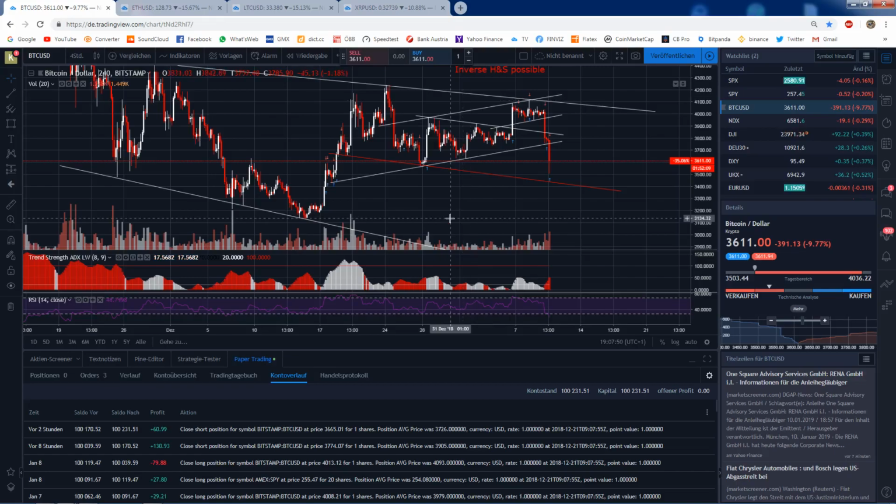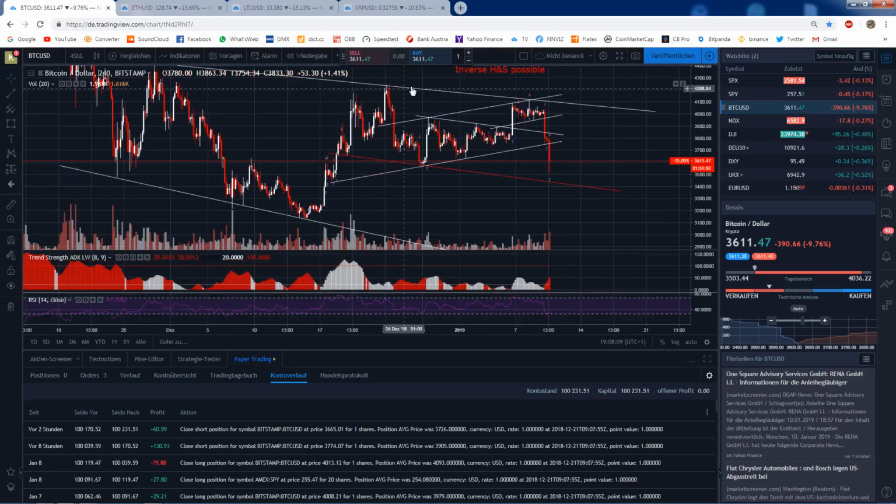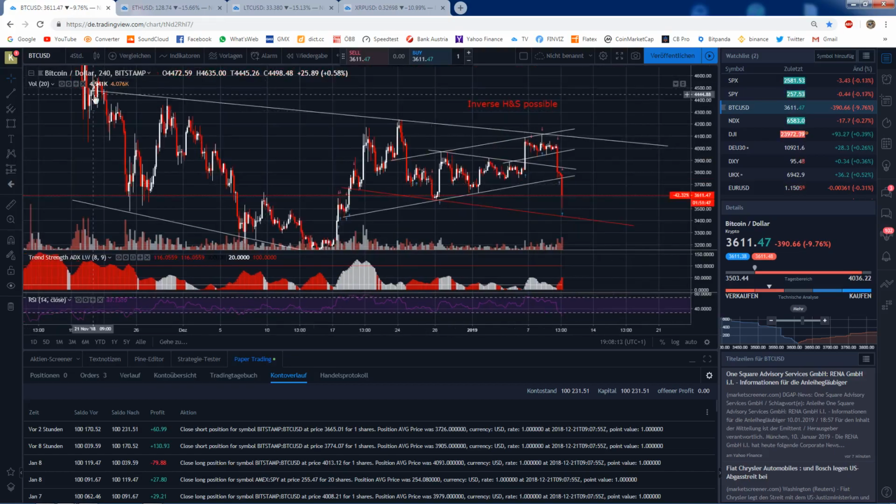I wouldn't trade it to the upside, and mostly I think this is unlikely. But you can see we maybe could see some retest of this support trend line right here. We had a touch right here, and maybe even see this down here. It would be mostly parallel to the channel line we had on the top.